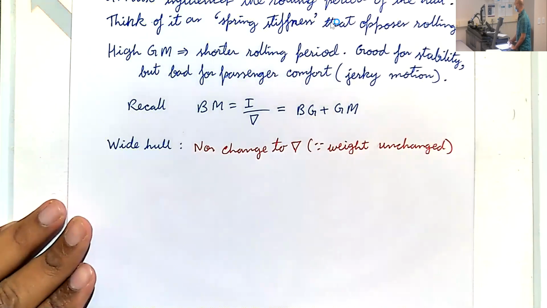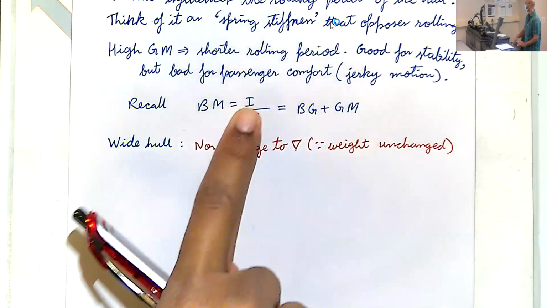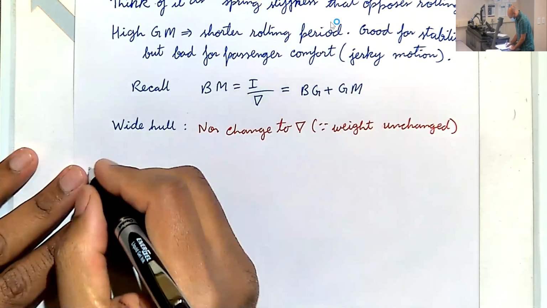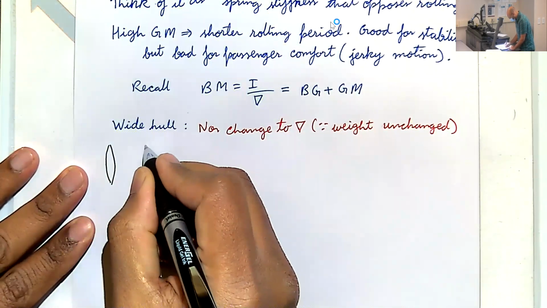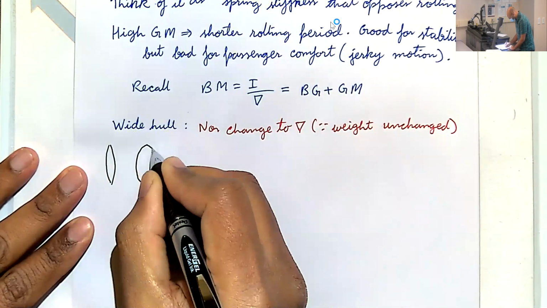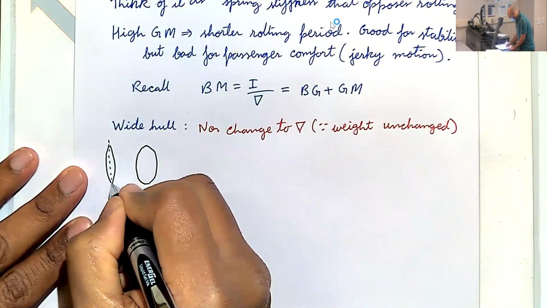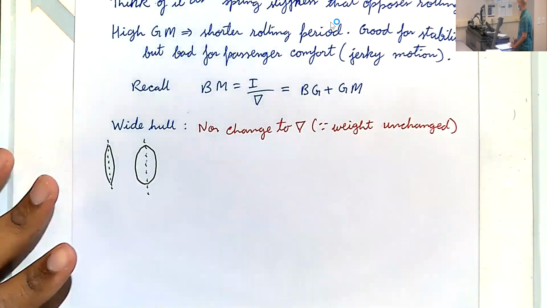All right, let's think about the other guy. What happens to I? So let's see a narrow hull versus a wide hull. What happens to I?